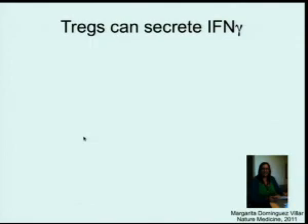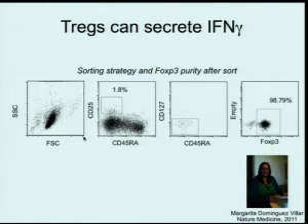More recently, Marguerite Dominguez-Villar came to the laboratory and was interested in looking at Tregs in terms of gamma interferon secretion. Could IL-12 induce gamma interferon secretion? And this is a sorting strategy that Marga used, where she had a very highly purified population of regulatory T cells.